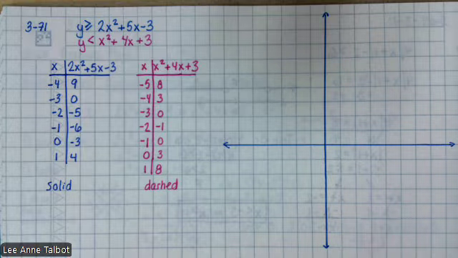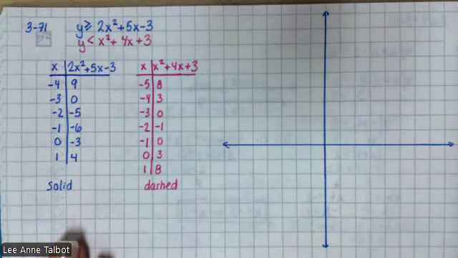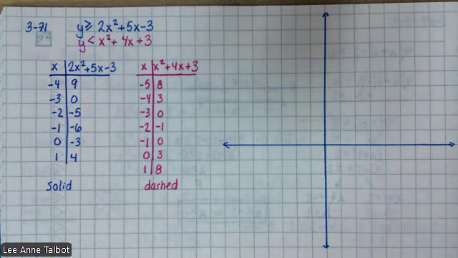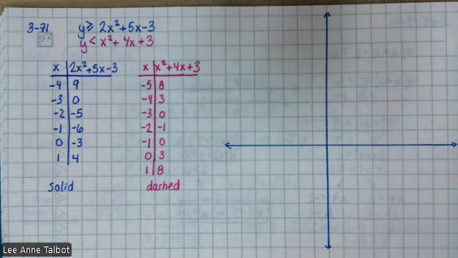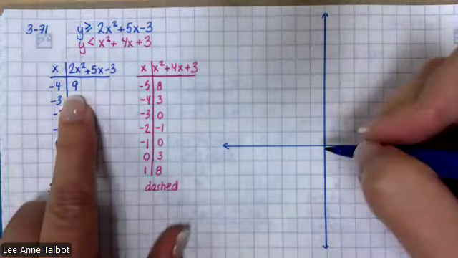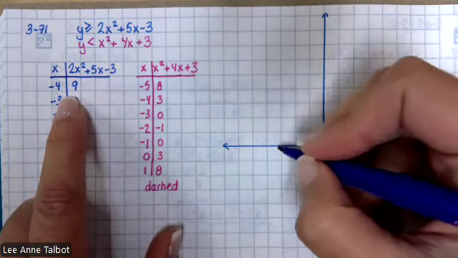Okay, I'm gonna work on the blue one first. I'm gonna treat these like two separate problems. So I'm gonna do all of the information that I need for the blue one, and then I'm gonna do the pink one. So first thing I'm going to do is graph these.